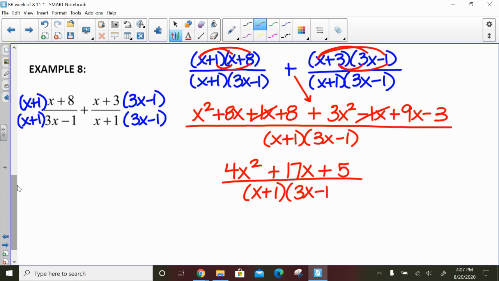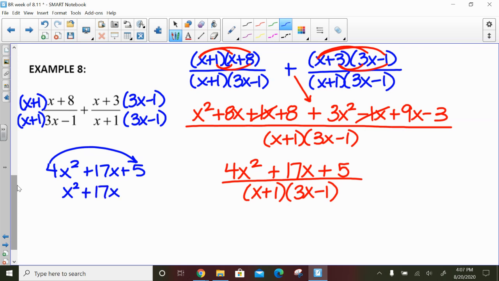All right. So then you want to see if you can factor the top. The whole reason at this point to see if you can factor the top is you want to know, can it be canceled with anything on the bottom? So over here, I'm just going to write this out and see if we can factor it. I'm going to multiply 4 and 5: x squared plus 17x plus 20.